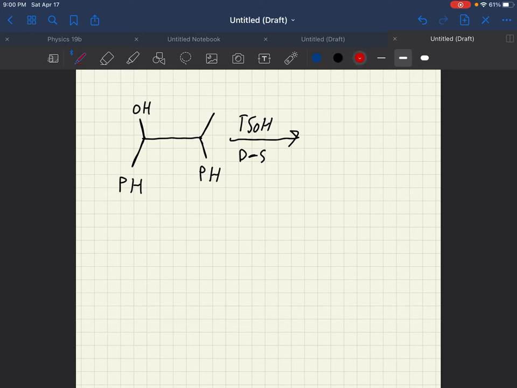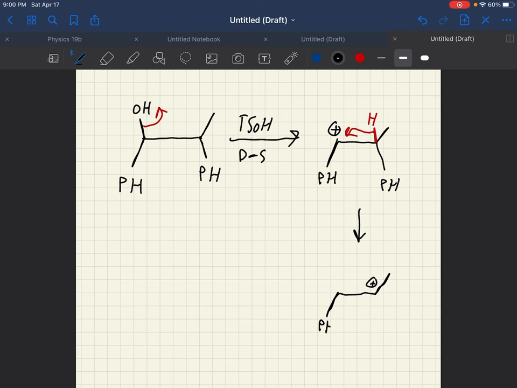So all the TsOH is going to do is protonate the OH and make it OH2 positive. So we know that this is our leaving group actually. That would then give us this carbocation. E1 reactions love to do carbocation shifts. So the hydride would shift over, and that would leave us with this.